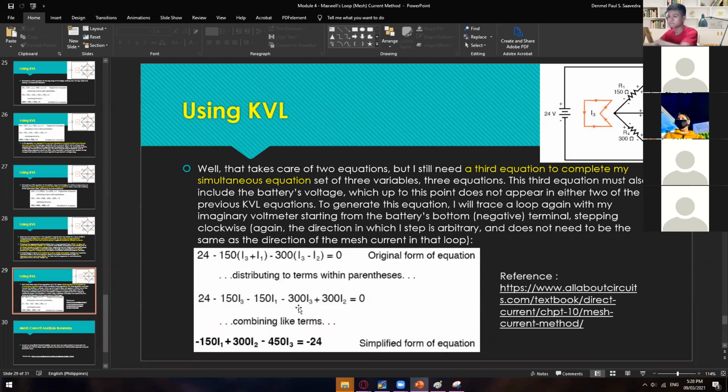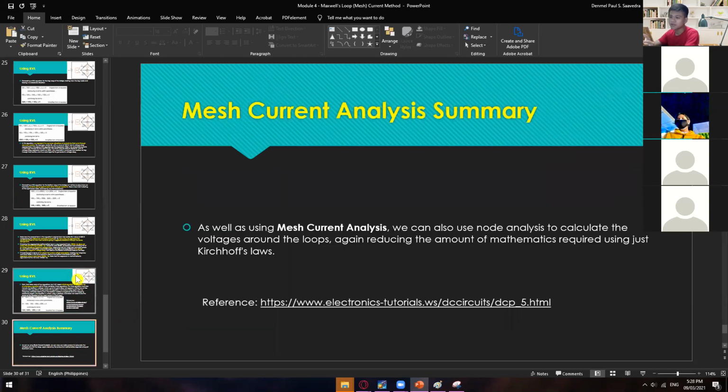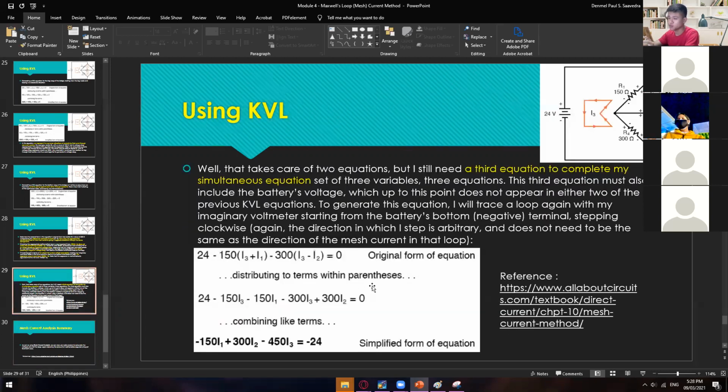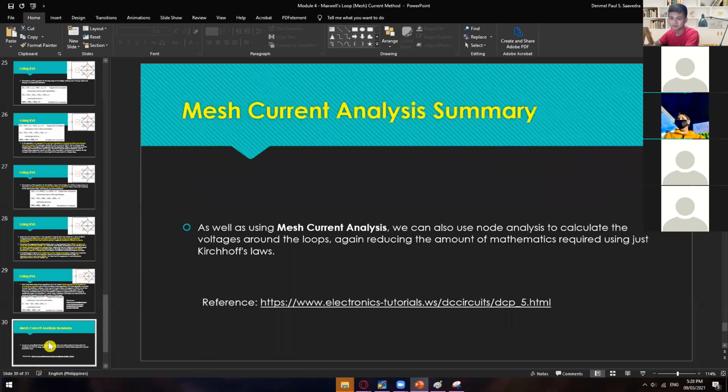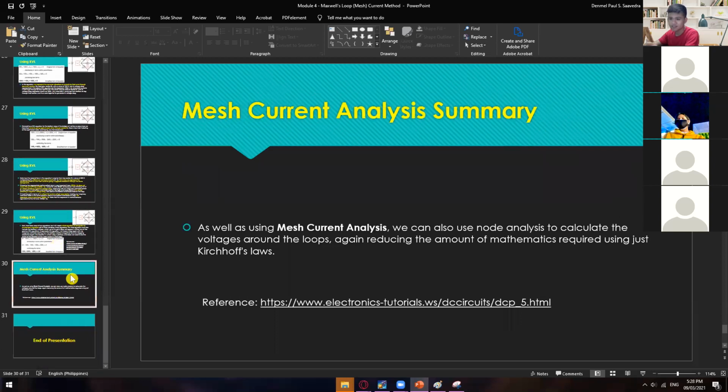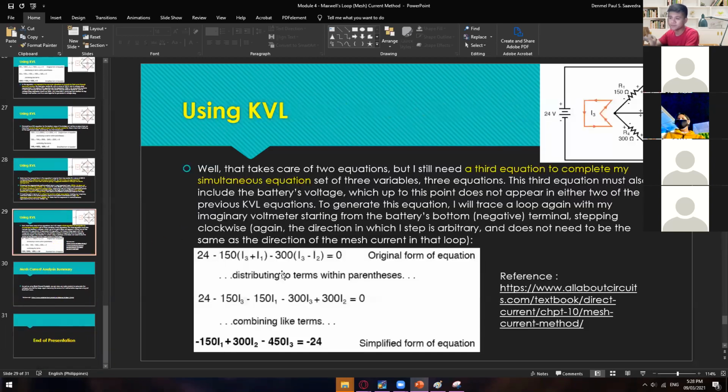Just eliminate one or two variables and come up with another equation, and then you'll be able to get I sub 1, I sub 2, and I sub 3. I wasn't able to show the result here, so I'll leave the computation of I sub 1, I sub 2, and I sub 3 to you.